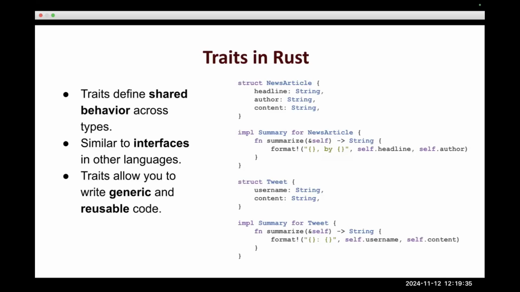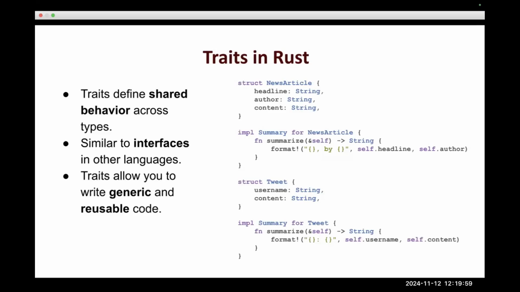And traits are something similar, but they're defined separately. It's not combined together in one big class. You define these traits separately. So you could implement this Summary for a particular structure, and the Summary here is the trait you're implementing.